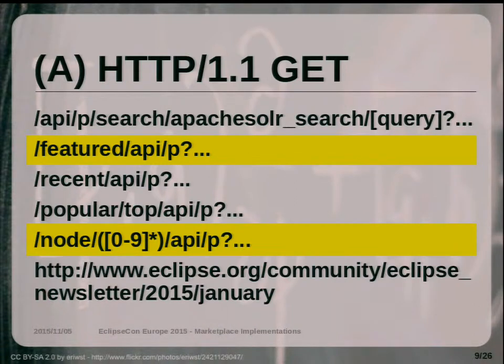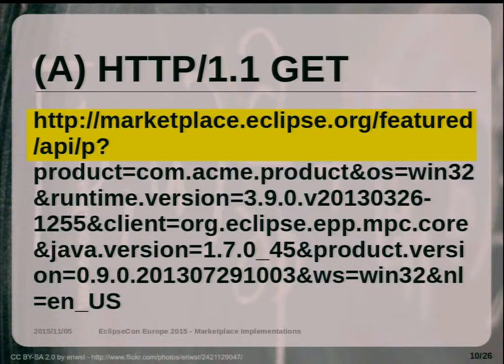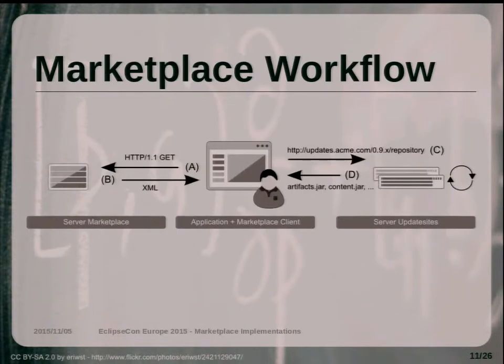Then we have a node, so each item can be identified by a distinct ID. And then there's, recently went in there, a kind of newsletter, which is displayed, so Eclipse newsletter of the month, something like this. That's point number 8.